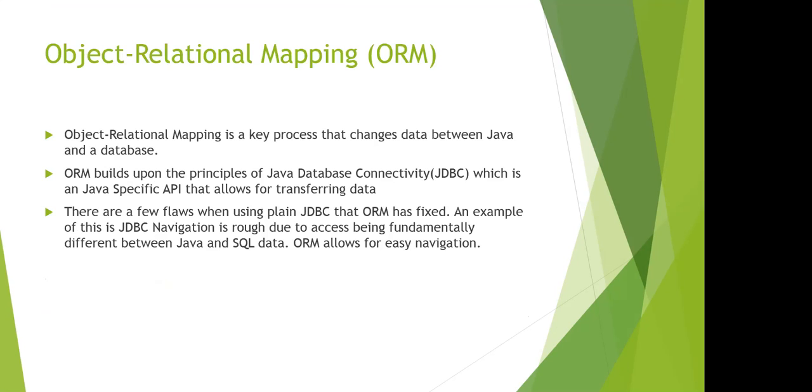So, object relational mapping is the key process. Java already had a built-in program for transferring data, and that was the Java Database Connectivity, which is JDBC. But unfortunately, there were just conversions that didn't work out so well.